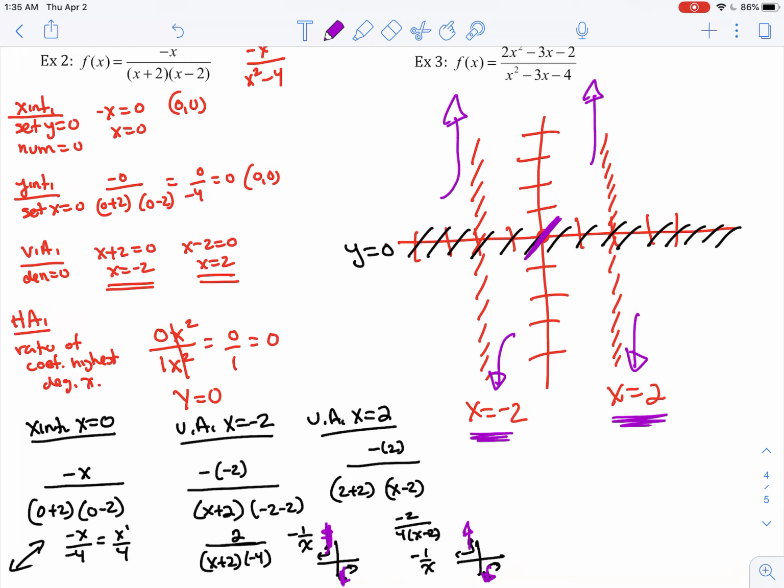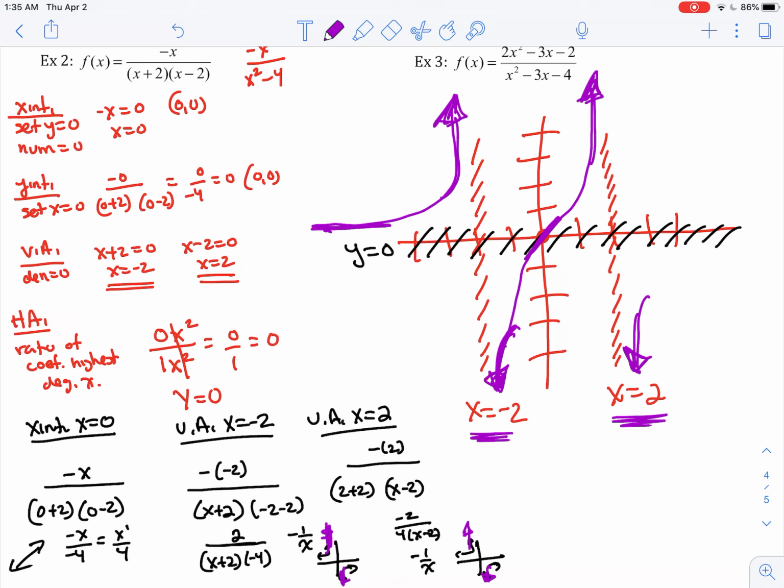So if we put all of those behaviors together, we should be coming along this horizontal asymptote, coming up along the left side of that vertical asymptote. It should be coming down on the right side of this vertical asymptote, coming up through this x-intercept, and then coming up along the left side of this vertical asymptote.